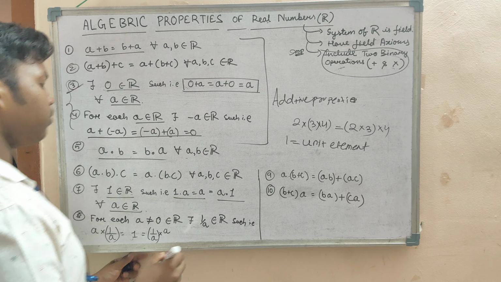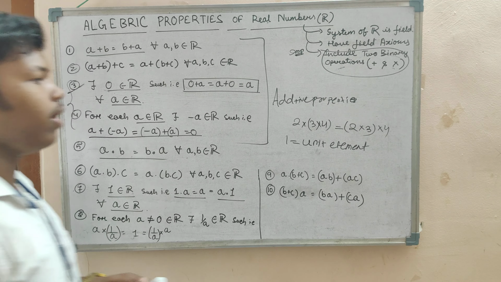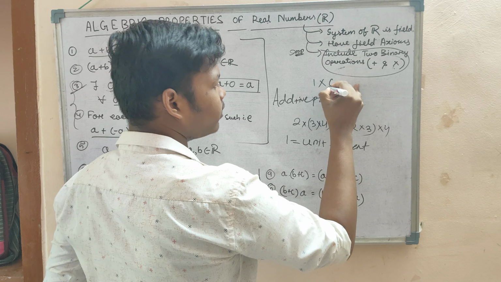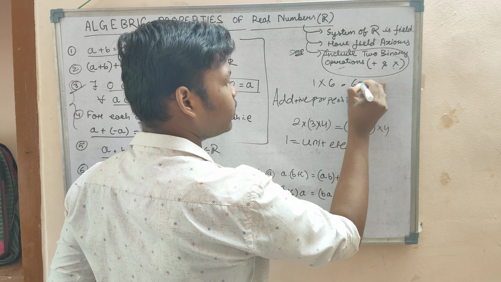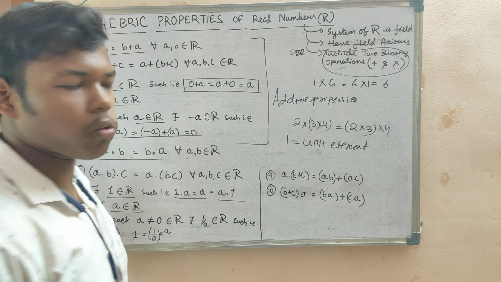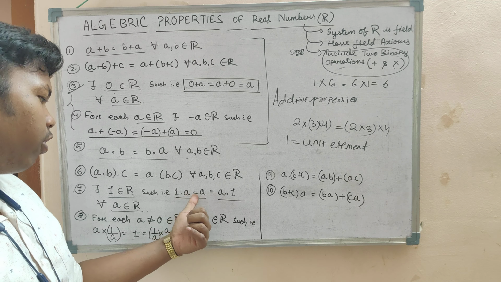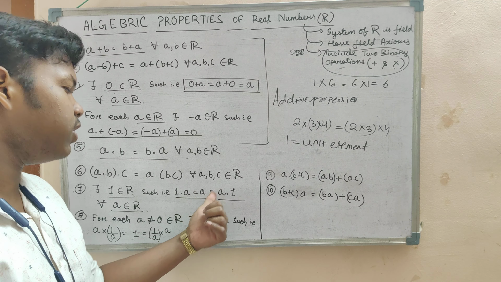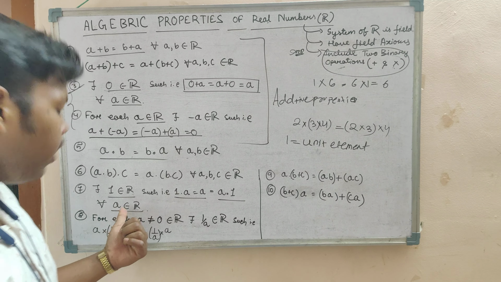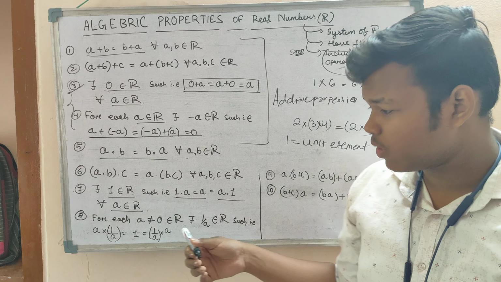If I multiply 1 with any number, say 6, 6 into 1 will be 6 only. Same here, it is written a into 1 or 1 into a is equal to a, for all a belongs to R. Nothing hard in this one.